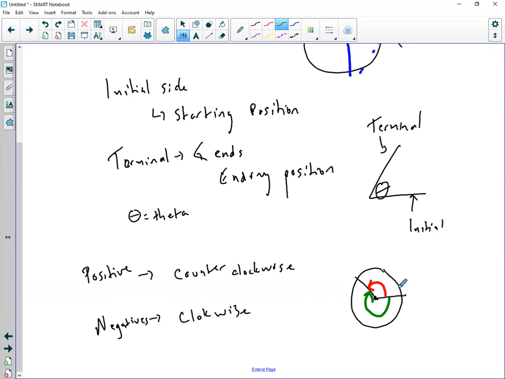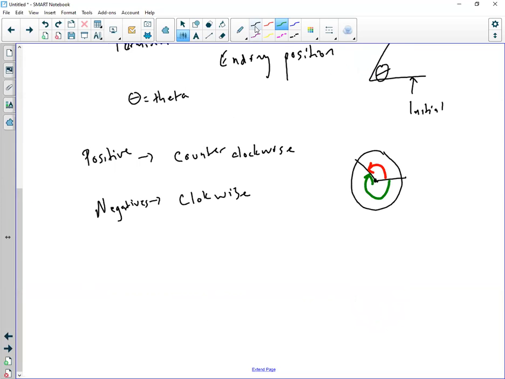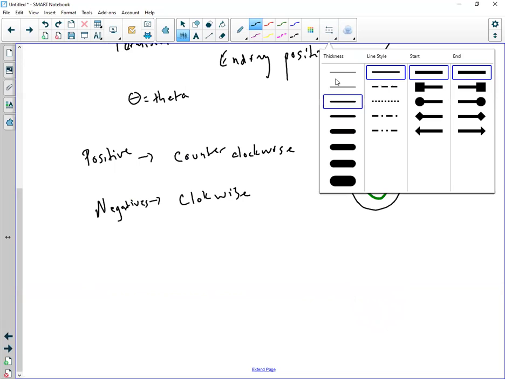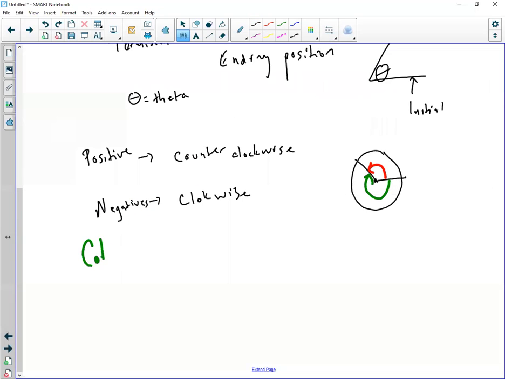So if they're in the exact same location, that introduces the idea of something that we talked about last year called coterminal. Coterminal angles are angles that end in the same spot. So this is what coterminal means.